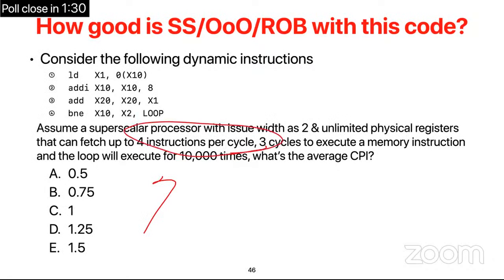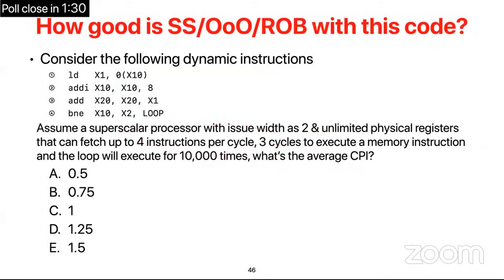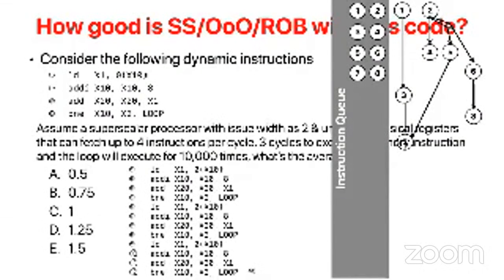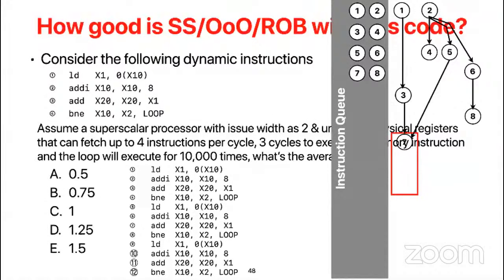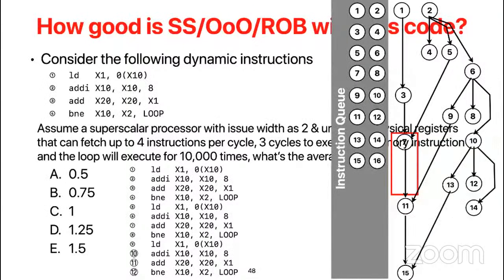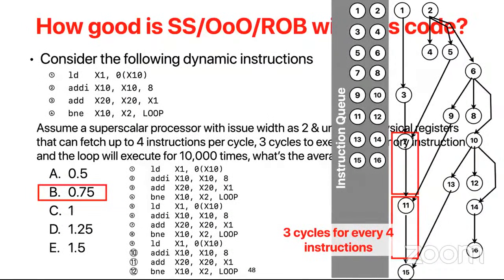The average CPI of this piece of code is actually pretty low. So for this piece of code, the average CPI that we can achieve is only about 0.75, because we spend 3 cycles for every 4 instructions.